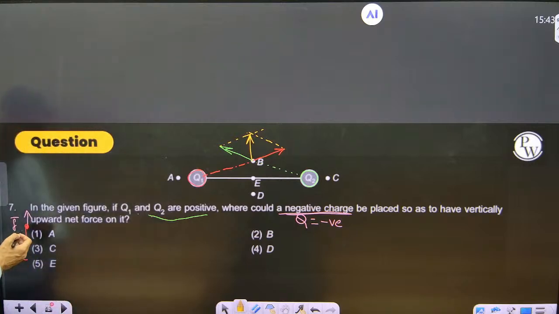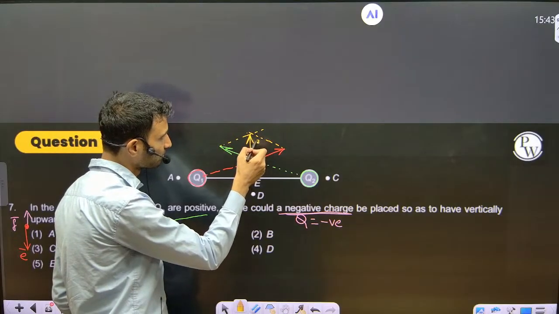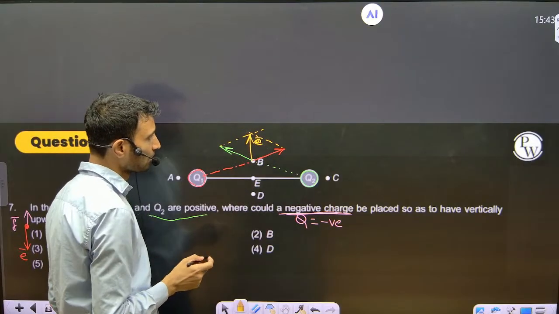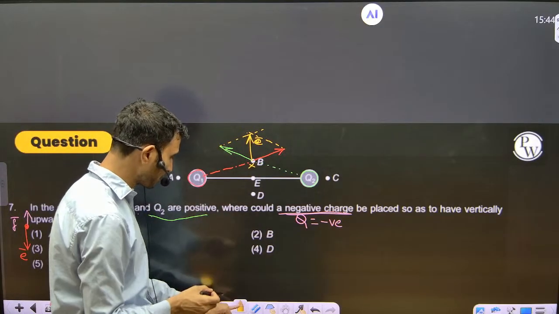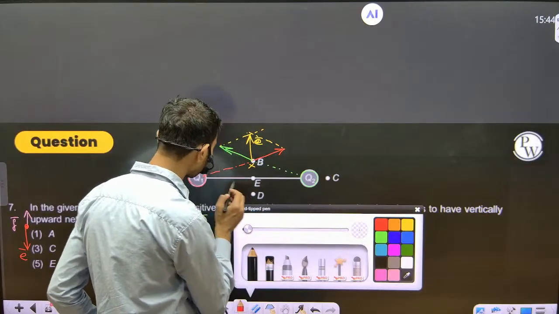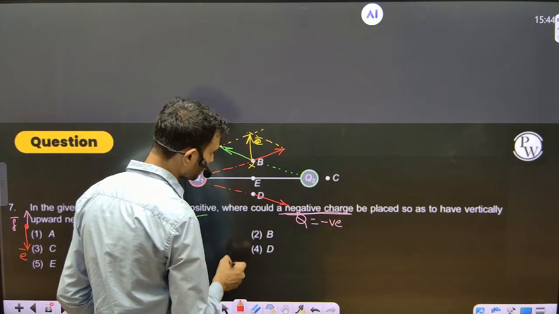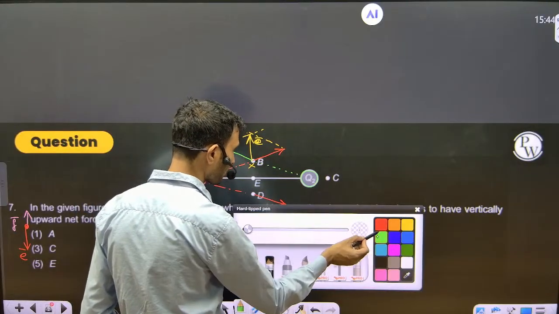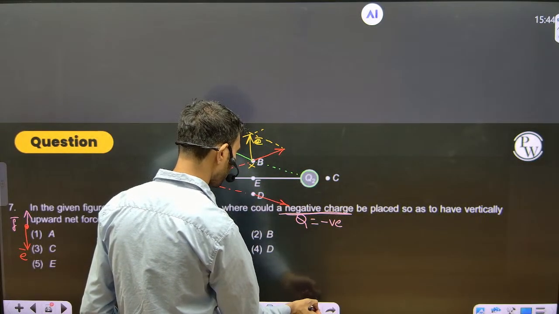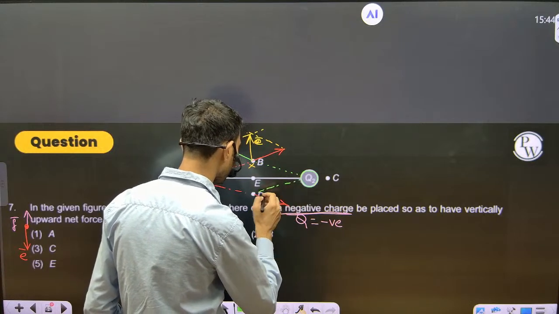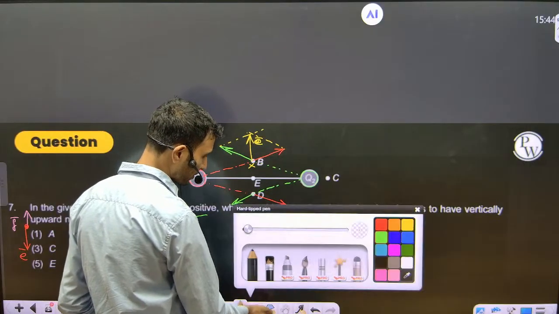But we want a situation where the electric field is downward. Here the electric field is coming upward. So B is the wrong point. Now let us check point D. It will be in this direction. But the green one in this direction. So the sum will come out to be in which direction?